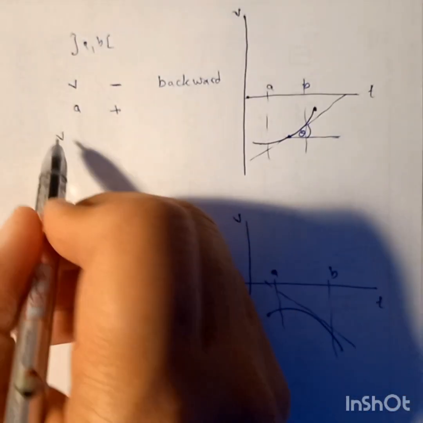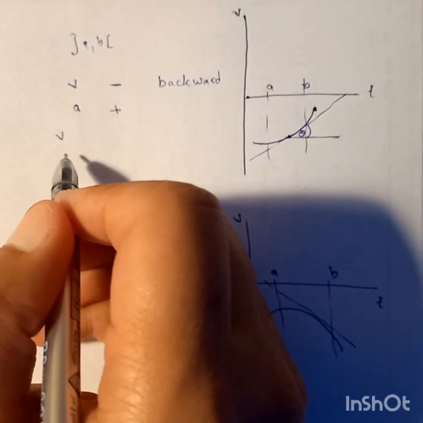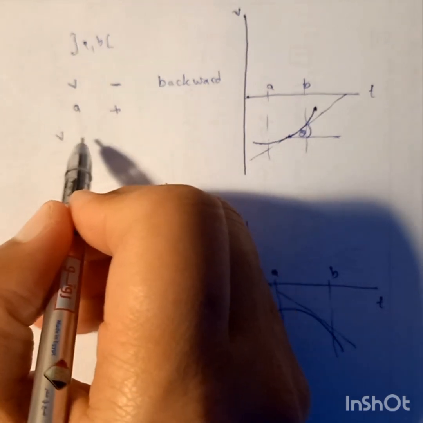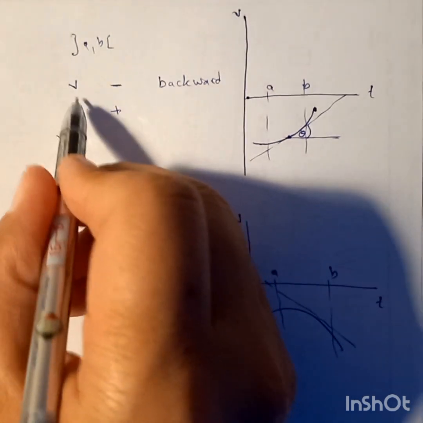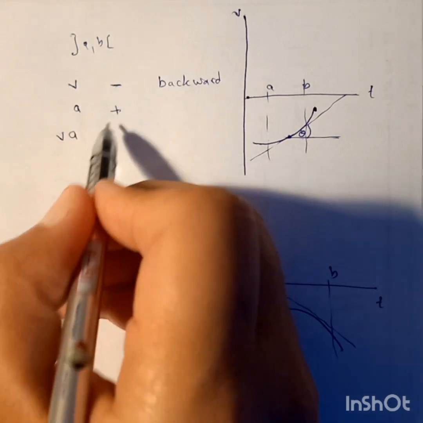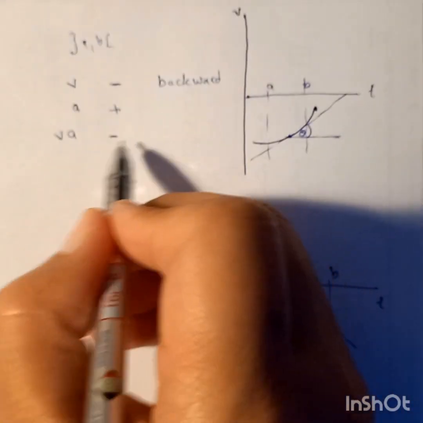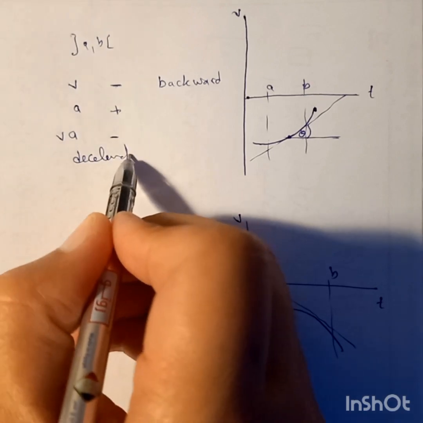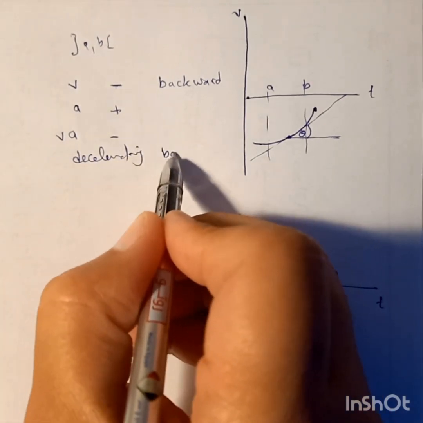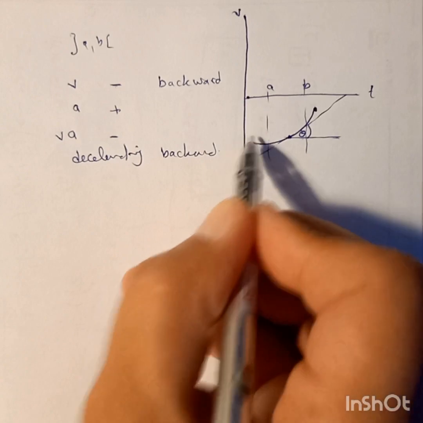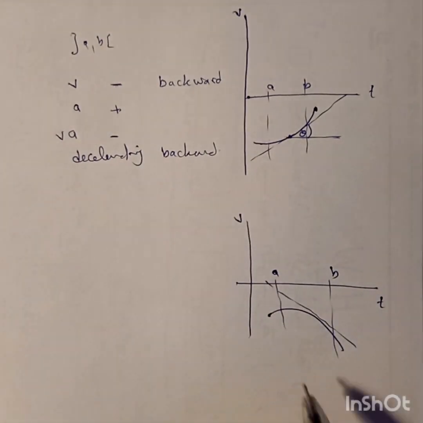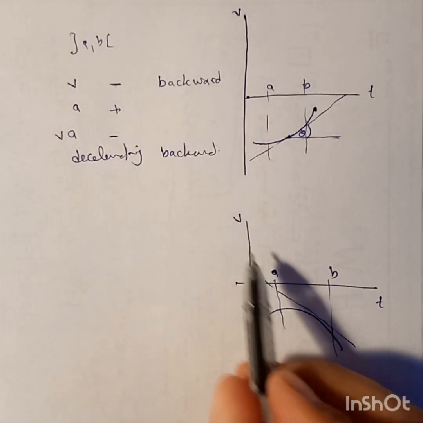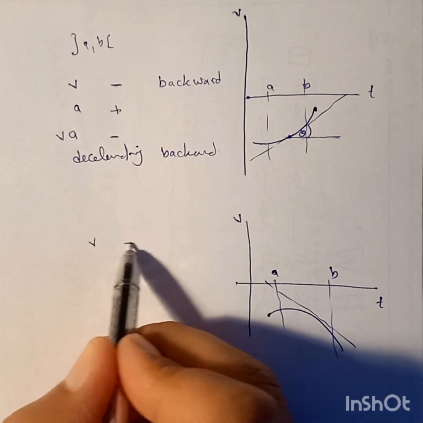Then to find the type of the motion, whether accelerating or decelerating, we have to multiply v and a. va is a negative value, so the motion is decelerating in the backward direction.